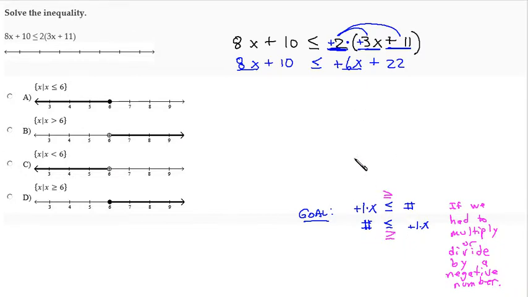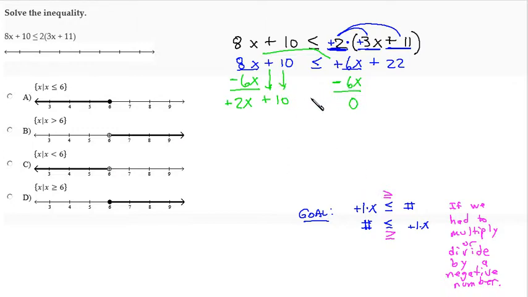Perhaps we can avoid this flipping of the signs altogether if we subtract 6x, eliminate it from the right side of this inequality, and balance the inequality by subtracting 6x from the left side. See, when we subtract the smaller of the two x terms, we are left with a positive coefficient for x. That just makes things a little bit easier when we're solving inequalities because of this flipping issue.